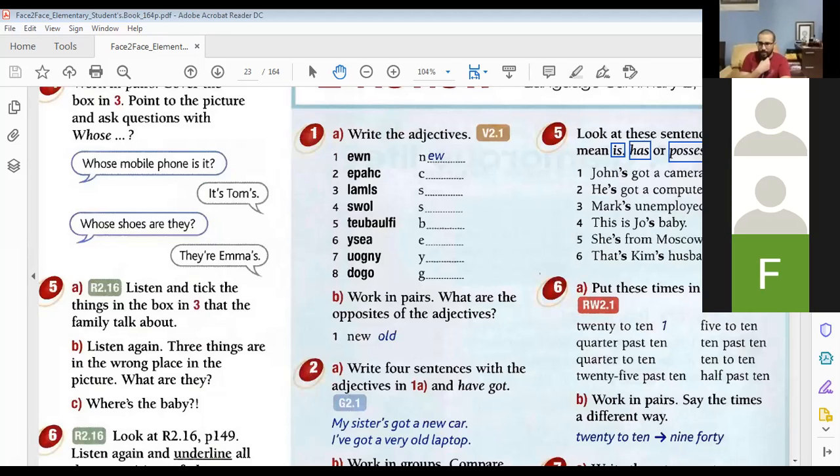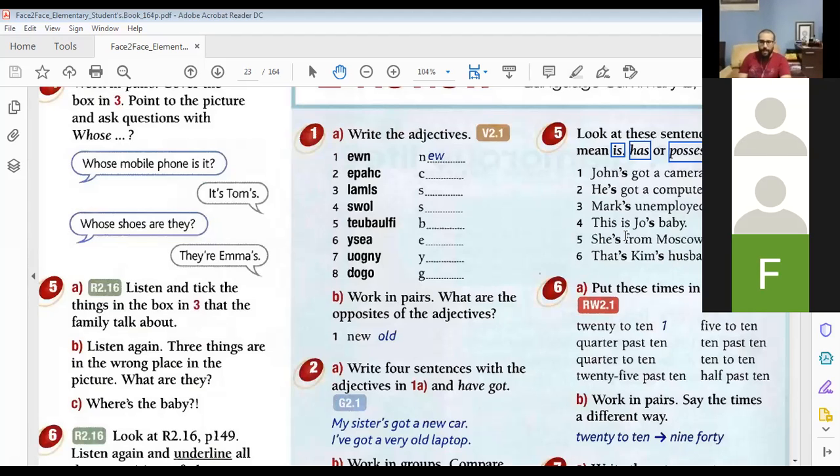This is John's baby. Possessive S. So when we say possessive S, it's like saying this is the baby of Joe. Yes, the baby of Joe.